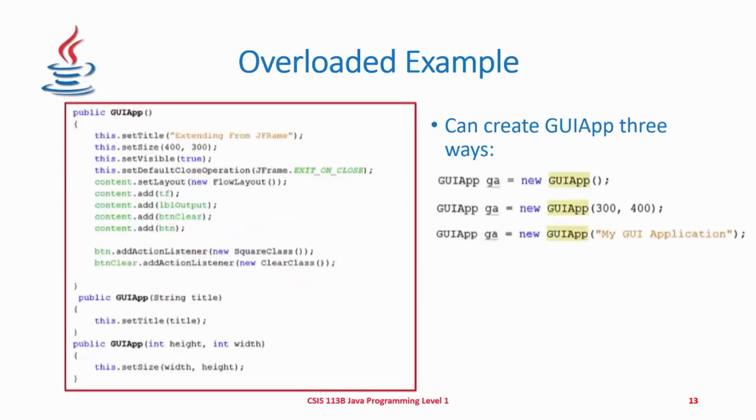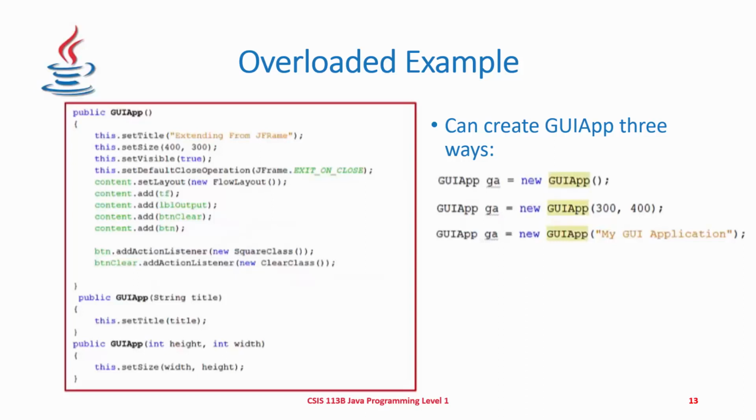Here is an example of an overloaded constructor. So the very top method that you see there, public GUI app parentheses, is just going through and setting up all the basic components for this GUI app. But then further down you see that we have another constructor method, and we know it's the constructor method because again it's using the same name as the class, which is GUI app.